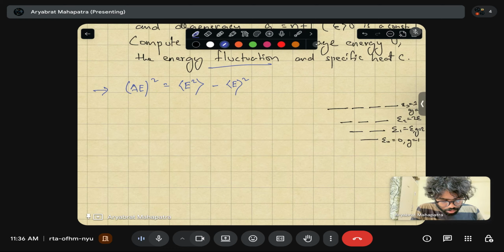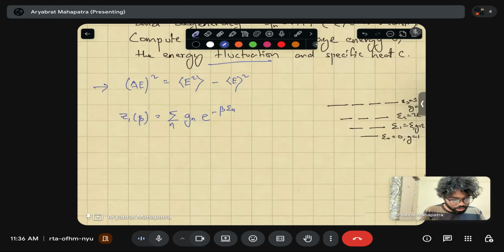Okay, so again, you can start writing down the single particle partition function. This can be written down as the summation over n of Zn exponential minus beta epsilon n.